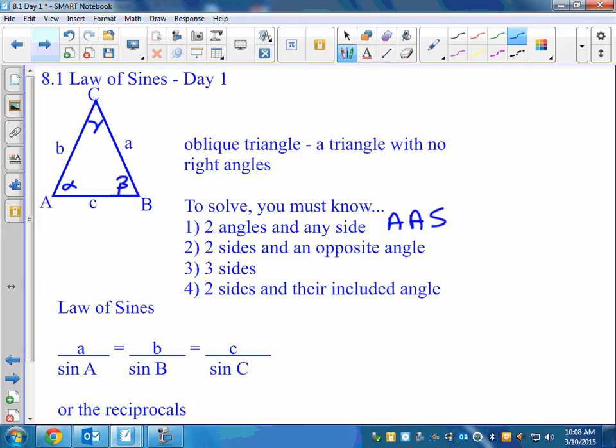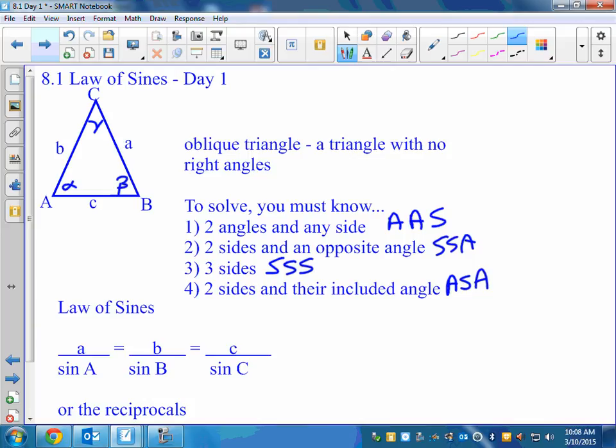Two angles and a side, or two sides and an opposite angle would be angle, side, side. Also, if they give you all three sides, then you can solve it. Or if they give you two sides and their included angle, which is side, angle, side. All of these work. We're going to talk about the side, angle, side in a minute.